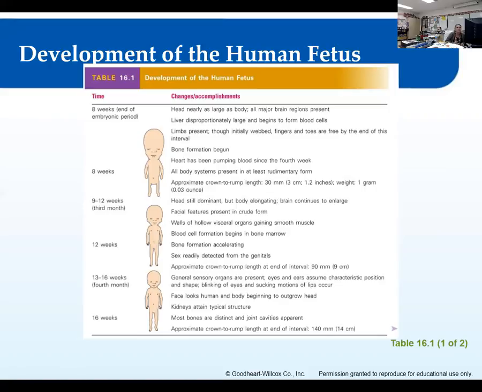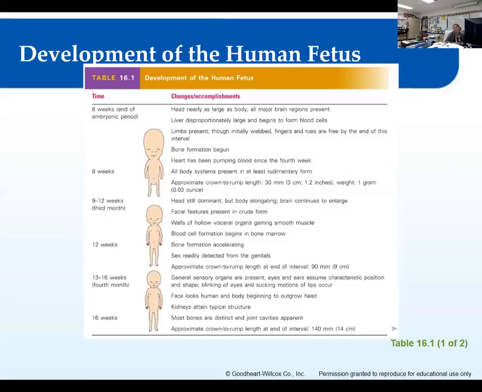So 9 to 12 weeks, look at this. Head still dominant, but the body is elongating and the brain continues to enlarge. Facial features present. The walls of the hollow visceral organs are getting smooth muscle, so intestines, stomach, etc. Blood cell formation starts in the bone marrow. At 12 weeks, you can already detect gender.